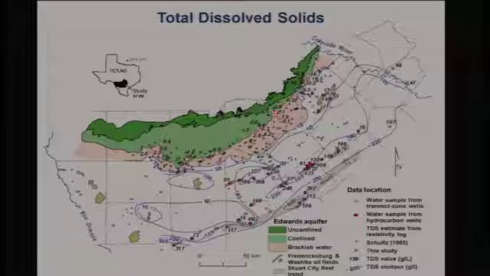So here's our first map of salinity distribution across the entirety of the Edwards. I know it's very busy, but I'll unpack it as best as I can. As I said, we have the dark green outcrop, we have the light green freshwater confined section. The brackish water section of 1,000 to 10,000 milligrams per liter is shown in this pink. The open circles here are water samples from the transect zone wells, which are found along the Bad Water line.